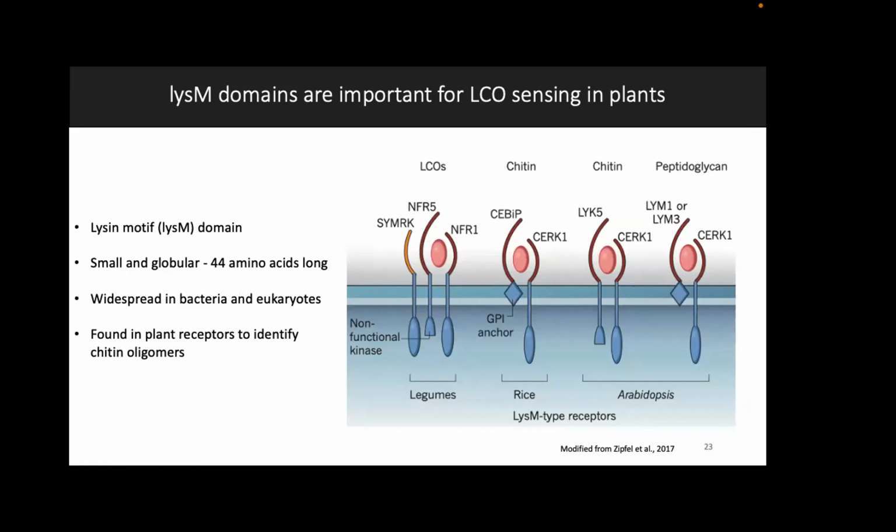And this isn't necessarily just for LCOs. This is to recognize any chitin fragment or things that look like chitin, like peptidoglycan. Basically, it sandwiches the molecule together and initiates some sort of response. So I'm thinking to myself, okay, maybe a LysM domain receptor is what's binding LCOs and initiating our cascade of events in Aspergillus fumigatus.